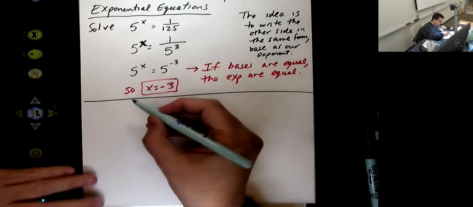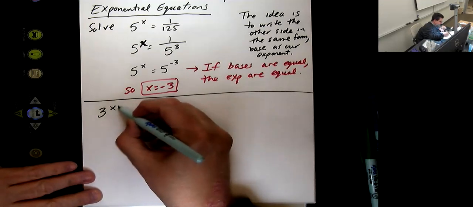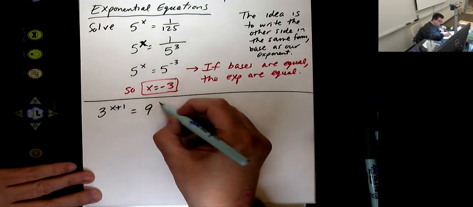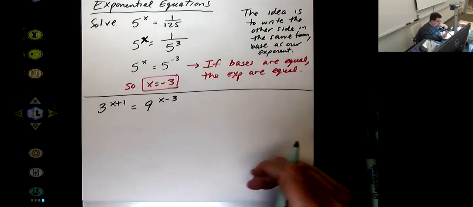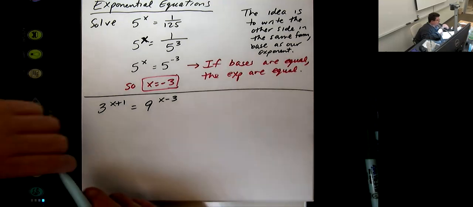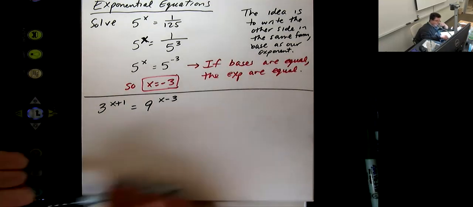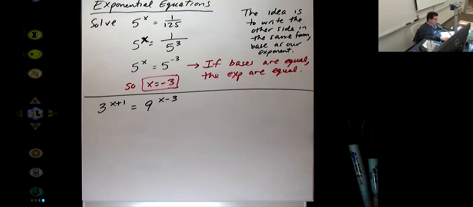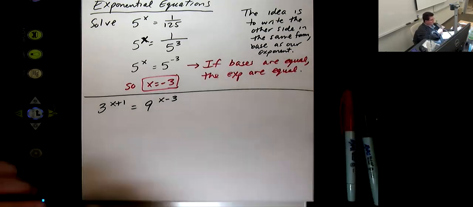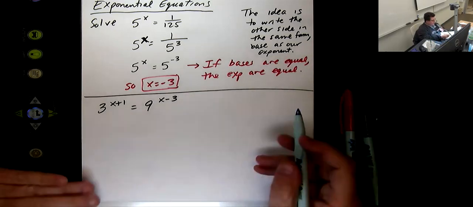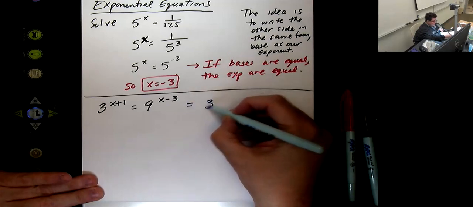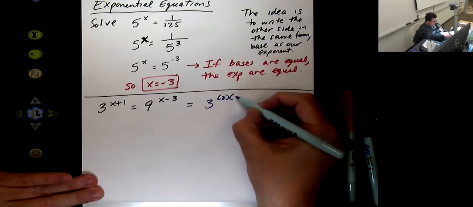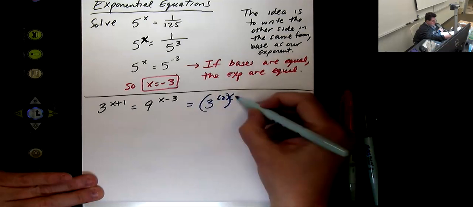Next example. 3 to the x plus 1 equals 9 to the x minus 3. Same premise here. Get the bases to match. I can rewrite this as 3 squared, and then that is to the x minus 3.